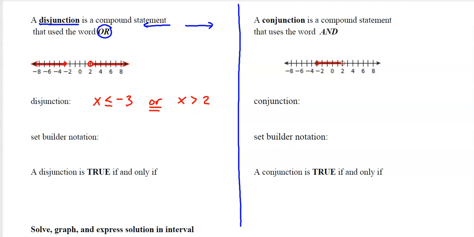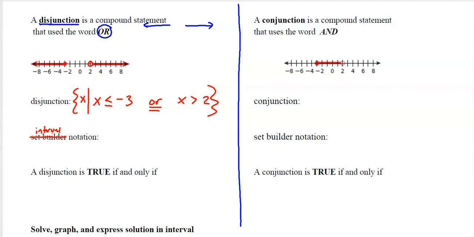Set builder notation would basically be writing, and I probably should have put interval notation here because I'm more concerned with that than set builder. In set builder, you just say it's the set of x's such that, and then put that on there. So it's not a lot different from just solving the problem.